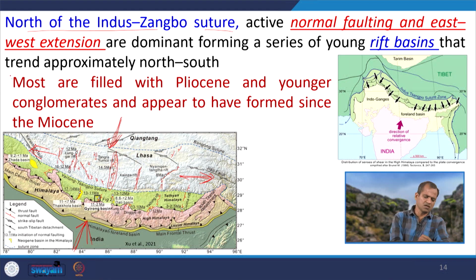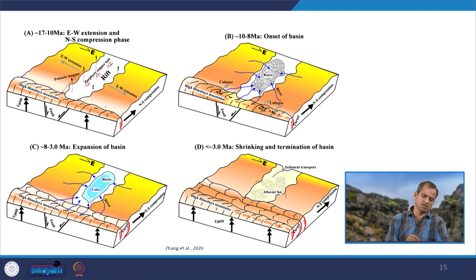So, these are the later formed rift basins, and this is the geological representation of how the rift basins are forming. Here this is the Indian plate and the Himalayan system, and this is the Eurasian plate, which are compressing, both are colliding with each other. That is why there will be extension in the direction perpendicular to the compressional direction.